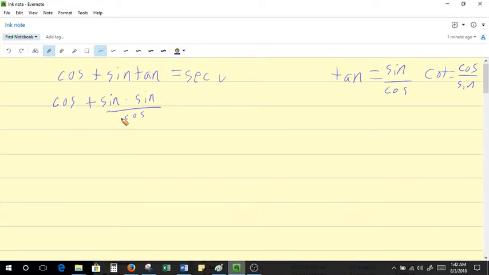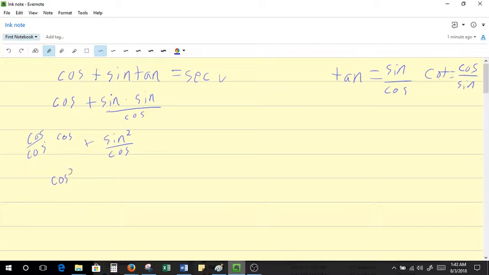Now that we have this, let's try and get them over the same denominator. So we can multiply by cosine over cosine, because that just equals 1, so that's fine. Plus sine squared over cosine. And this will make it so that we can combine everything together because they'll be the same denominator.